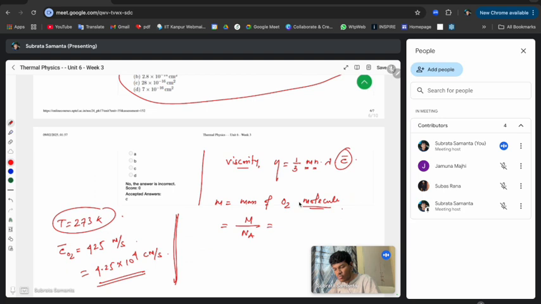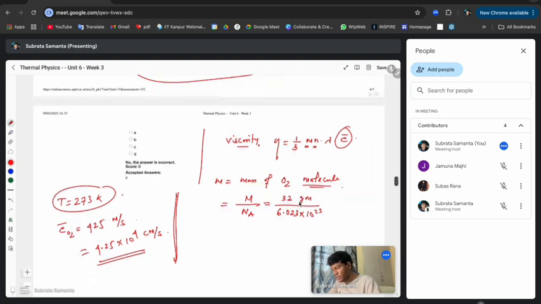So 32 gram, since I use CGS units, over 6.023 times 10 to the power 23, which gives 5.31 times 10 to the power minus 23 gram, right?